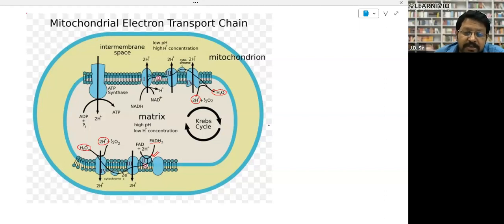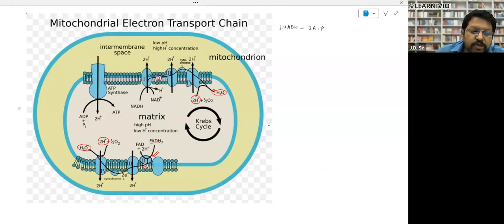We have already discussed that 1 NADH is equal to 3 ATP. How does this equation work? Prove it. So here I am proving why 1 NADH is equal to 3 ATP. Try to understand. When 1 NADH breaks down, 2 electrons will be released.